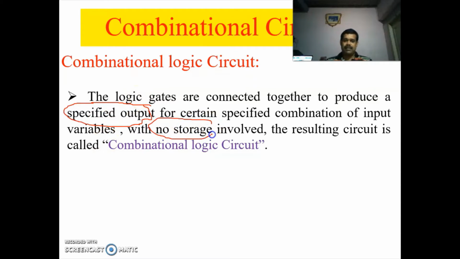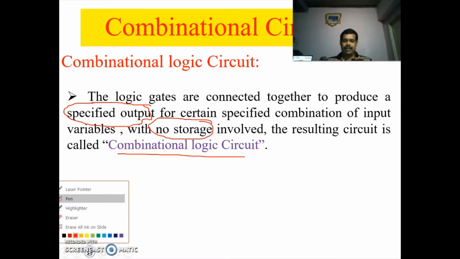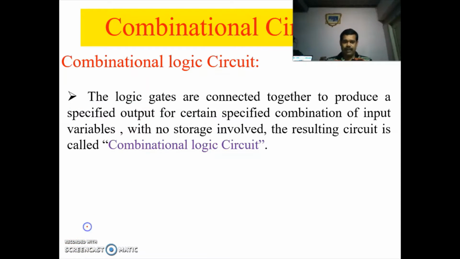This is important. In the combinational circuit there is no storage. So, what is a combinational circuit? The logic gates are connected together to produce a specified output for a certain specified combination of input with no storage involved. The resulting circuit is called a combinational circuit.